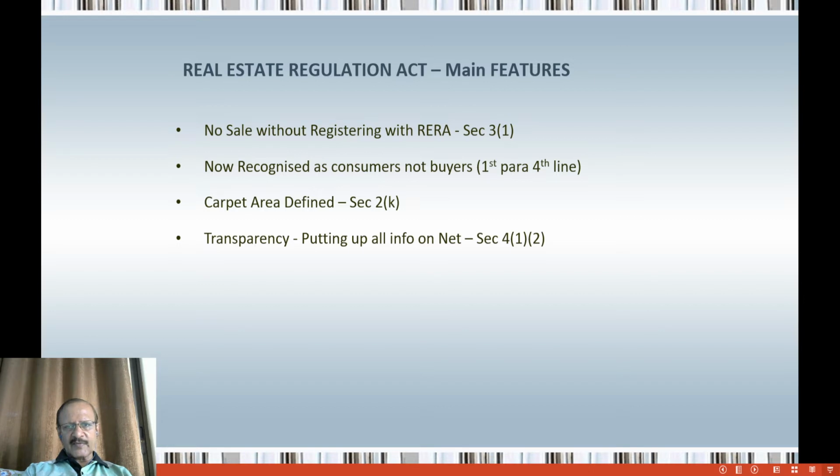Transparency. Every detail available has to be put on the RERA website so that the public can see and get the information. This includes all the sanctions, the permissions, if they are mortgaged, that information, if they are taking finances, that also, who are the bankers, all the plans, the CC, floor plans, project plans given by BMC or any other authority.